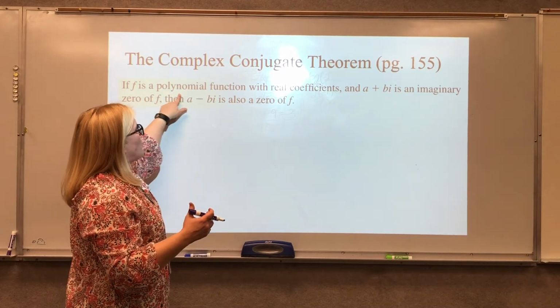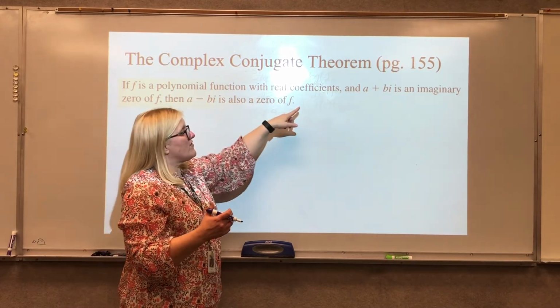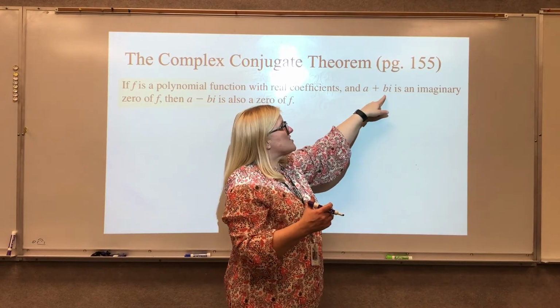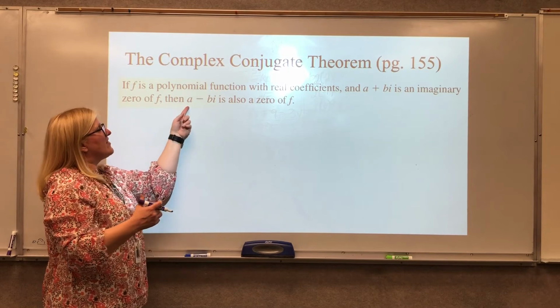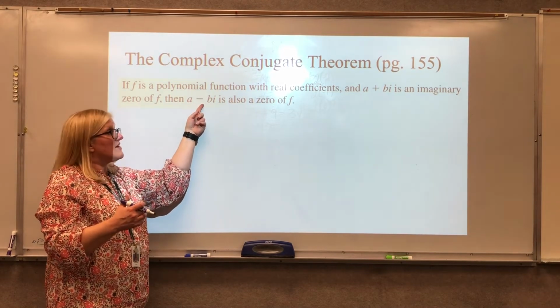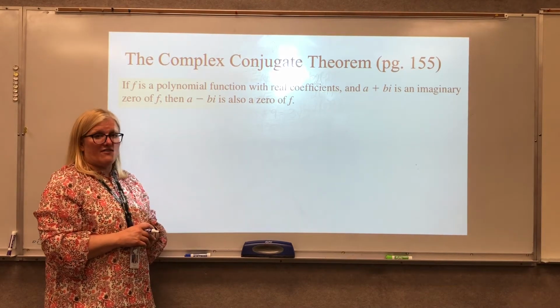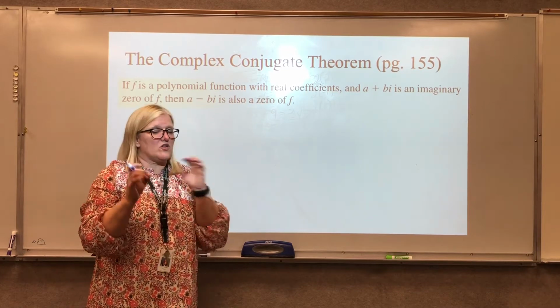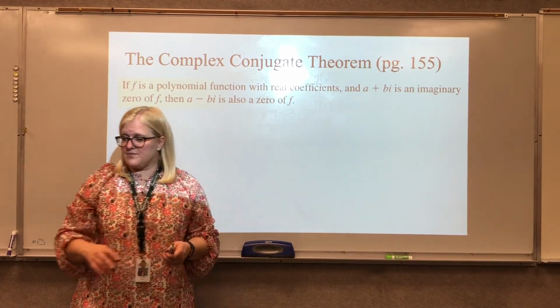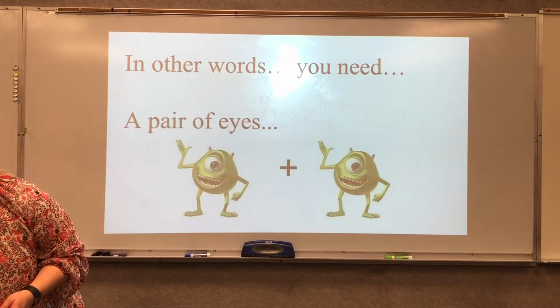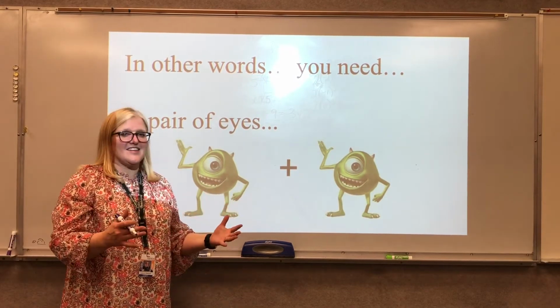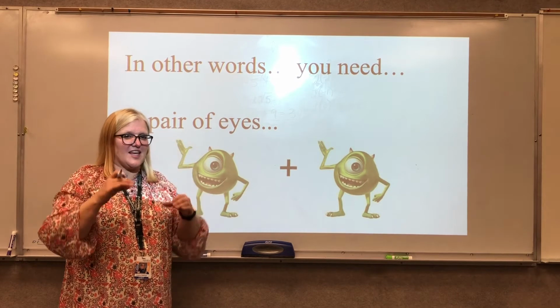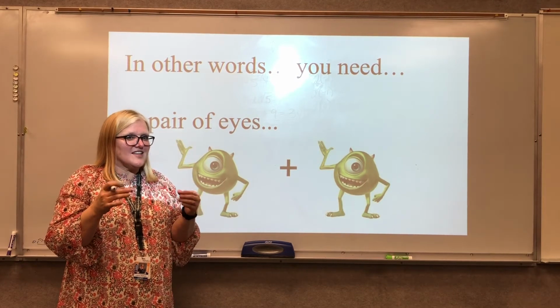So, if f is a polynomial function with real coefficients, and a plus bi is an imaginary 0 of f, then a minus bi is also a 0 of f. They go together. You're never going to have one without the other. Okay, so in other words, you need a pair of eyes. Get it? That's why I showed you the picture of the eyes in the beginning, because you need 2 eyes.